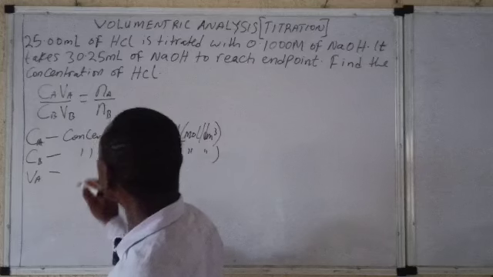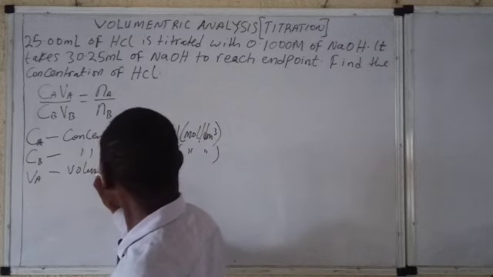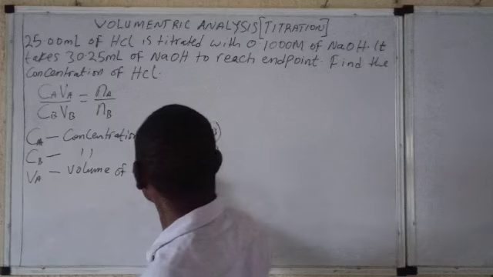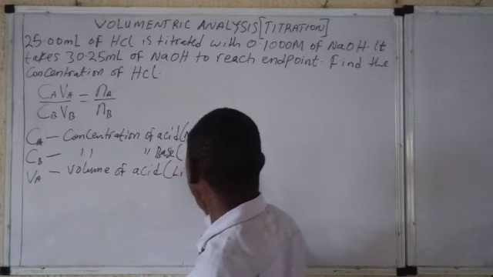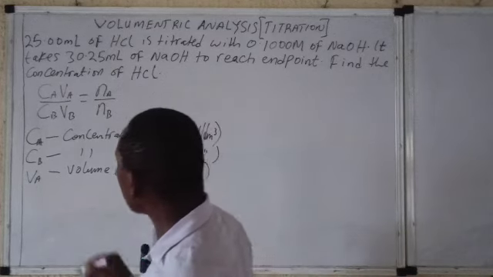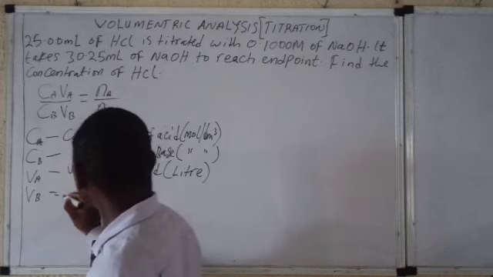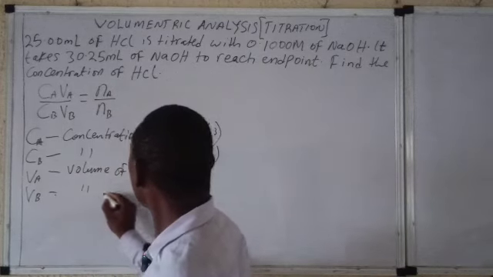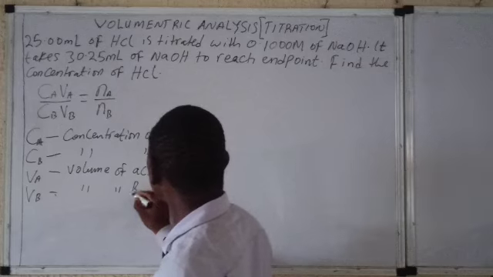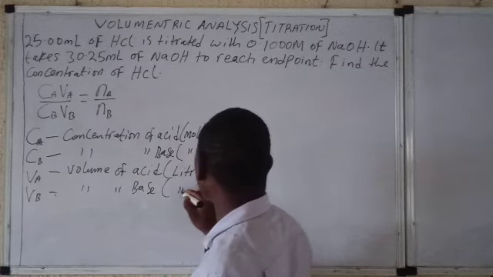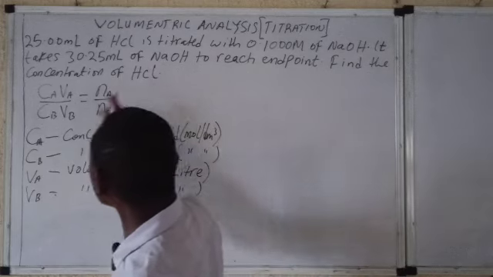What is Va? Va is the volume of acid, usually in liter. Now, Vb is the volume of the base, usually in liter. All right. Now, what is Na?